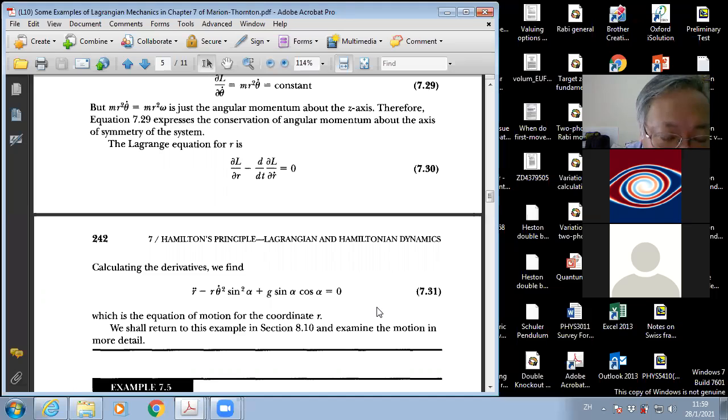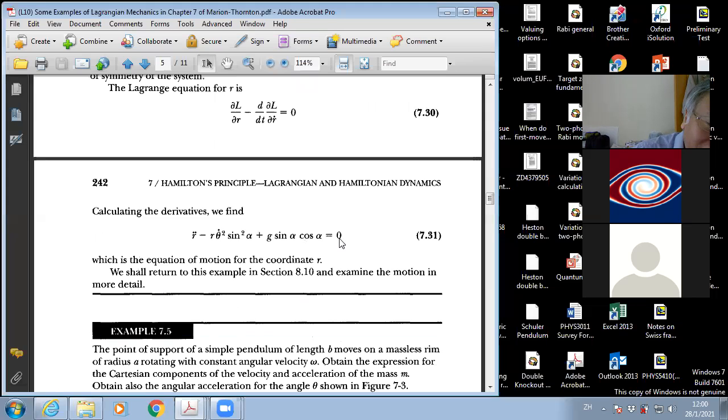Since the theta coordinate is cyclic, we have a conserved quantity, which is the angular momentum, all right? Due to this conservation law, we are left with only one equation of motion in the r direction, given in equation 7.31.